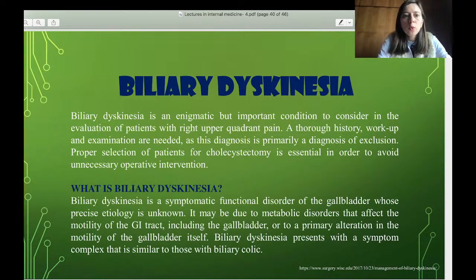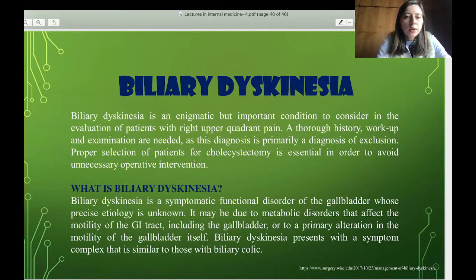Thorough history, workup, and examination are needed, and this is primarily a diagnosis of exclusion. Proper selection of patients for cholecystectomy is essential in order to avoid unnecessary operative intervention.